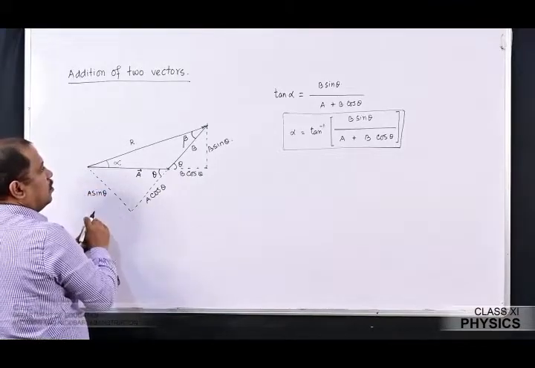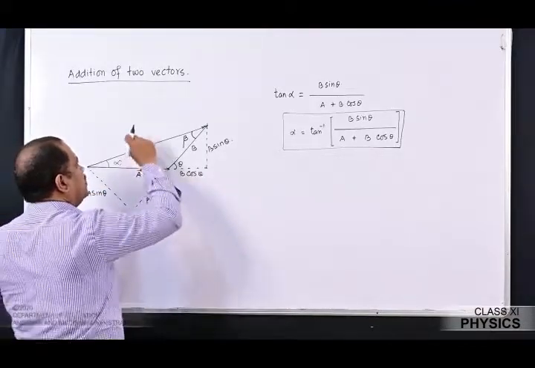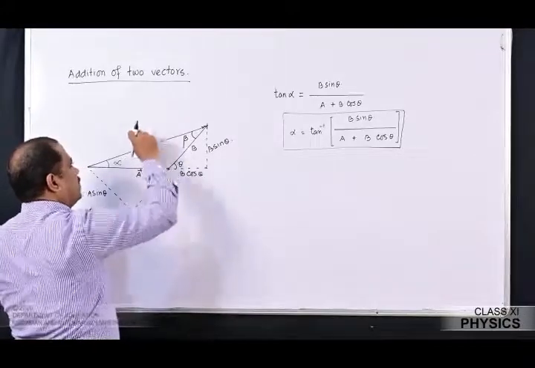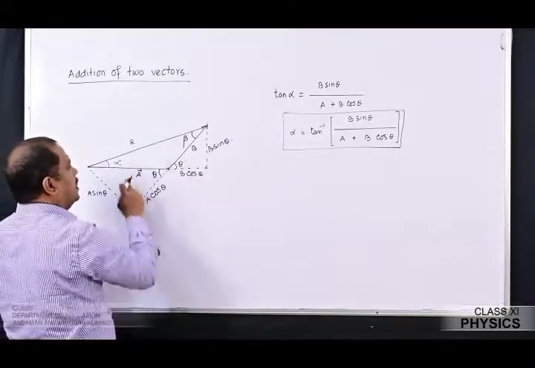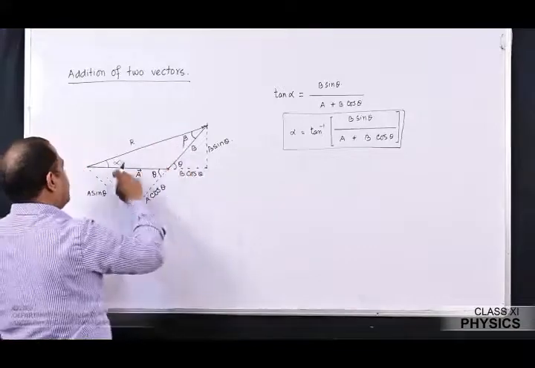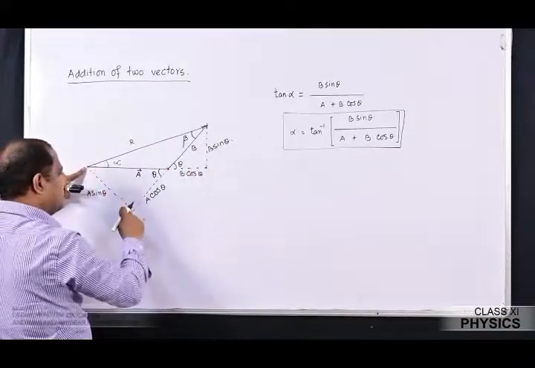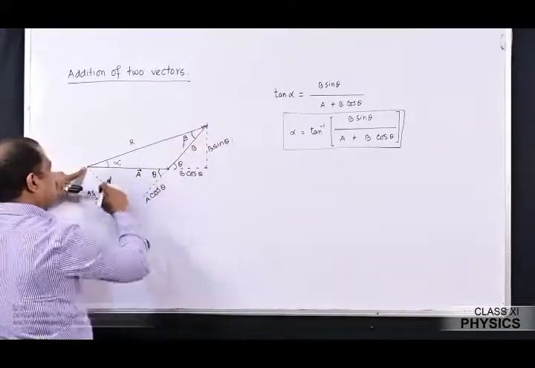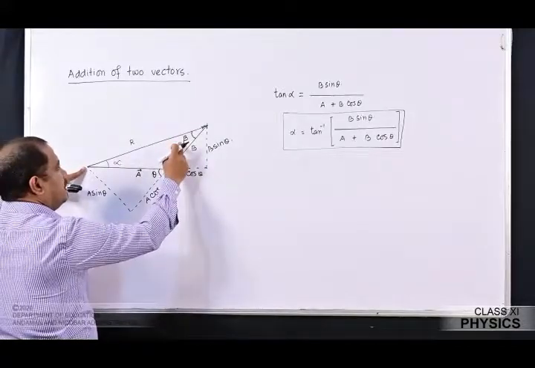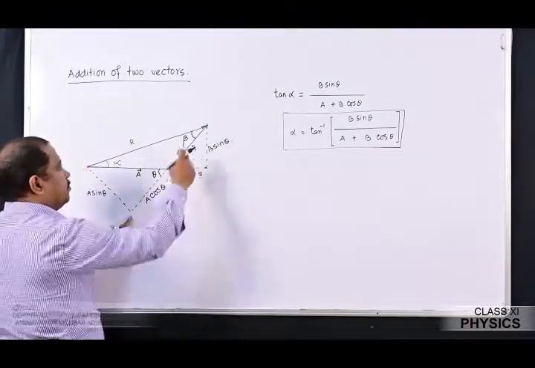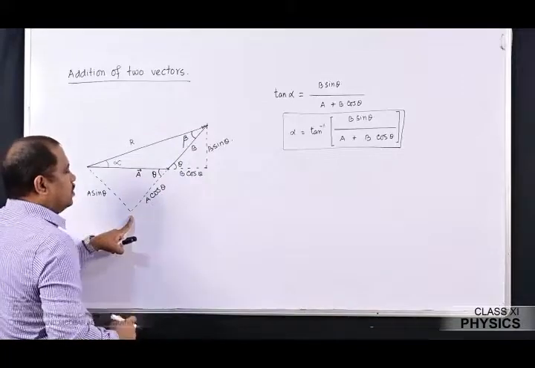Now, to define the resultant vector direction in terms of vector B, I am going to consider this right angle triangle. In that case, tan beta is the opposite side by the base.